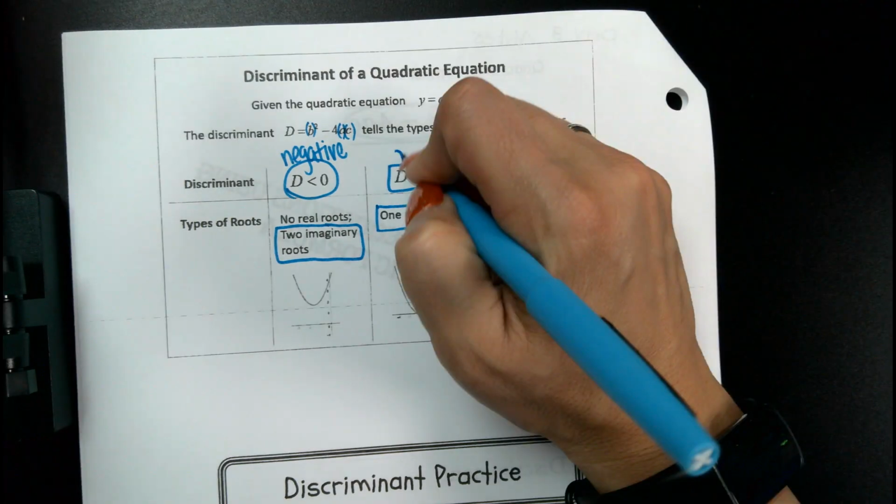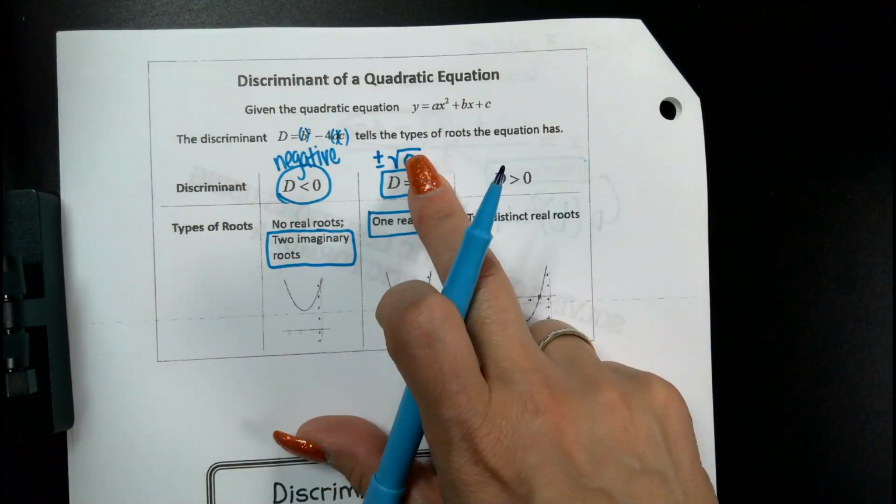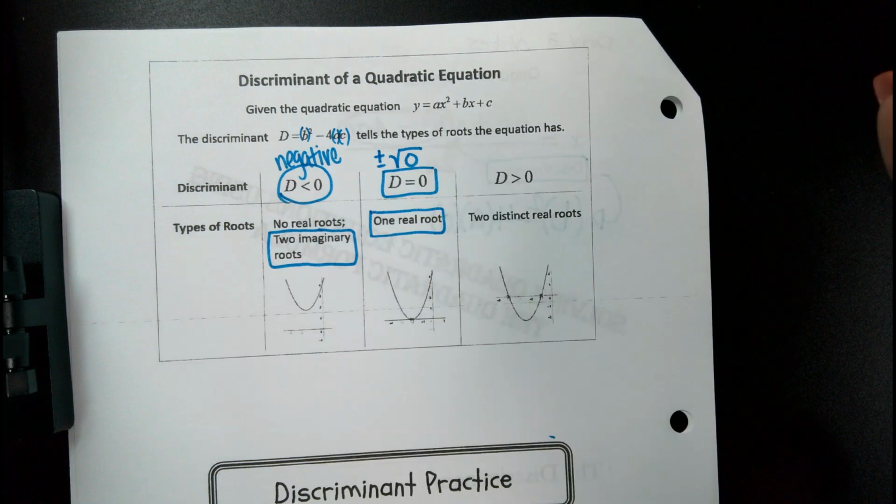The 0 would be under the radical. What's the square root of 0? 0. And in the quadratic formula, there's a plus and a minus sign in front of it. Wouldn't you get the same thing if you subtracted 0 from it? Yeah, so anytime you have an answer of 0, there's only one real solution.